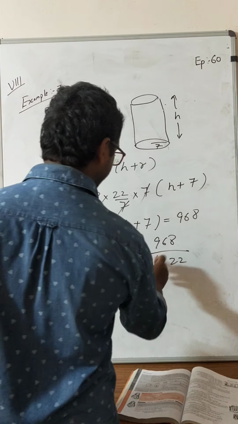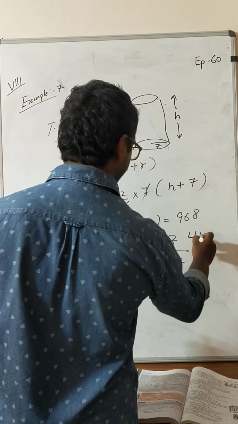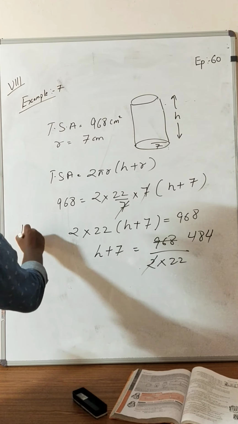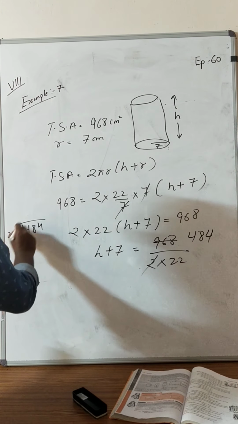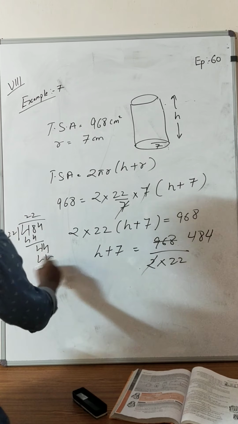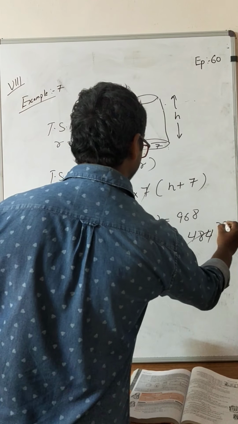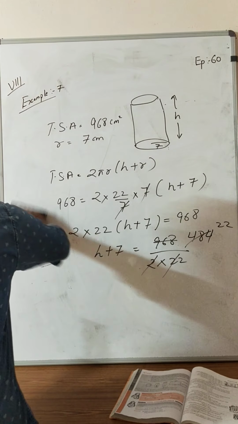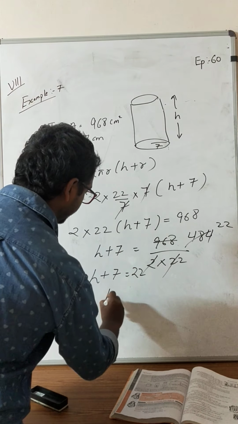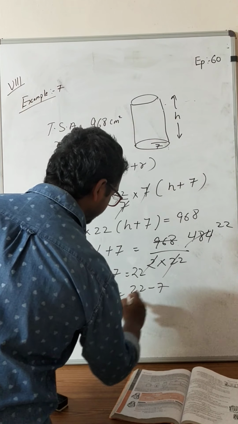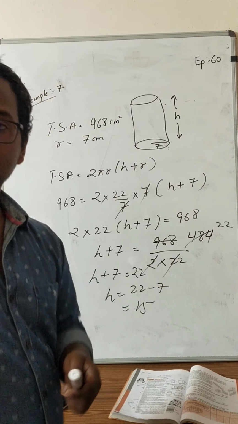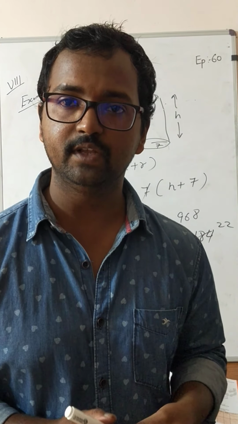So 968 divided by 2 into 22: 968 divided by 2 is 484, and 484 divided by 22 is 22. So h plus 7 is equal to 22, so h is equal to 22 minus 7, which is 15. The height is 15 centimeter.